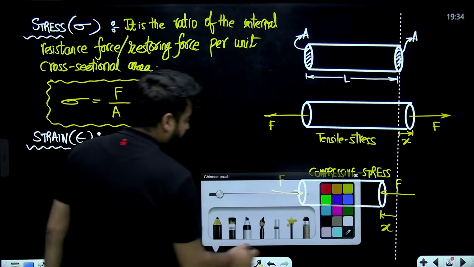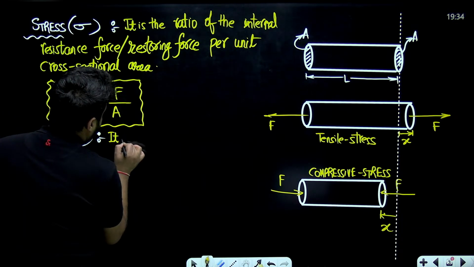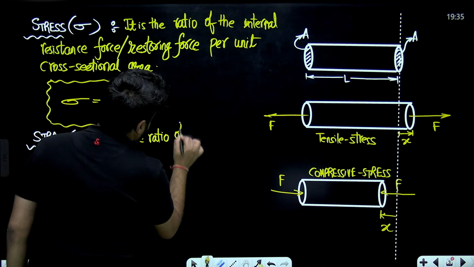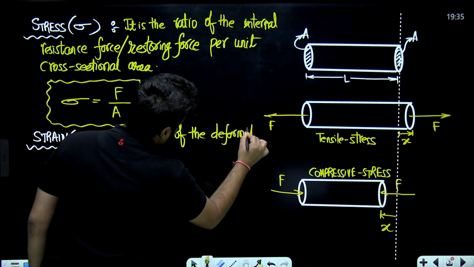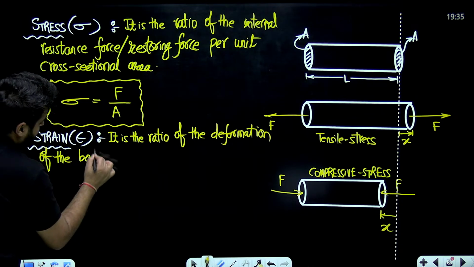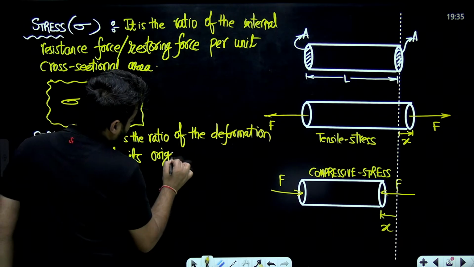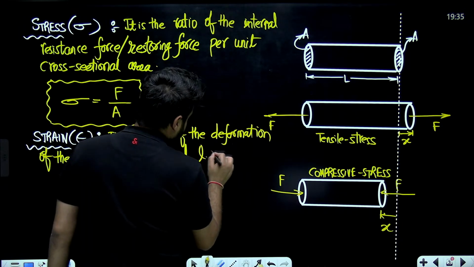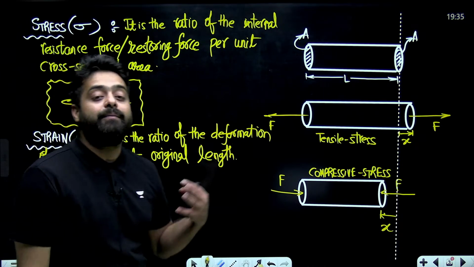So strain is defined as the ratio of the deformation of the body to its original length. Here I am writing length, but soon I'll change the concept, meaning whatever the original dimension is.